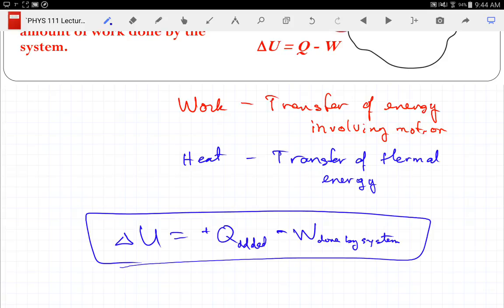That entropy statement can be said another way, which makes a lot more sense: natural processes tend to go to the most likely outcome. That makes a lot of sense. So the second law has a lot of statements. They're all tied in with the direction that a process is going to run. The second law is the only law in physics that specifies the direction something's going to run.